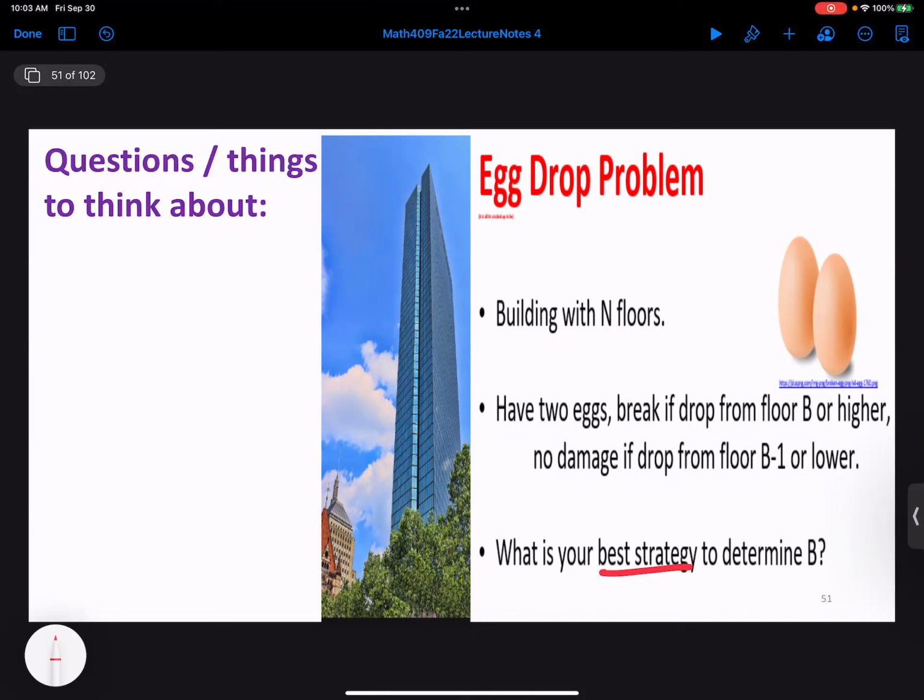Less number of drops. What do you mean by less number of drops? All right, so maybe you want to minimize the number of drops.